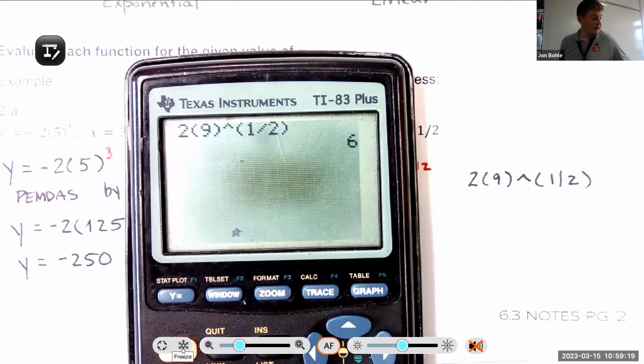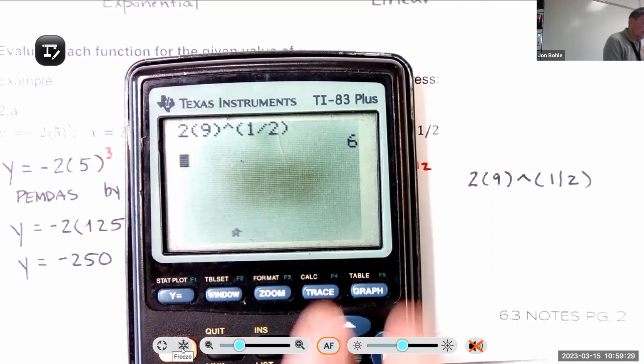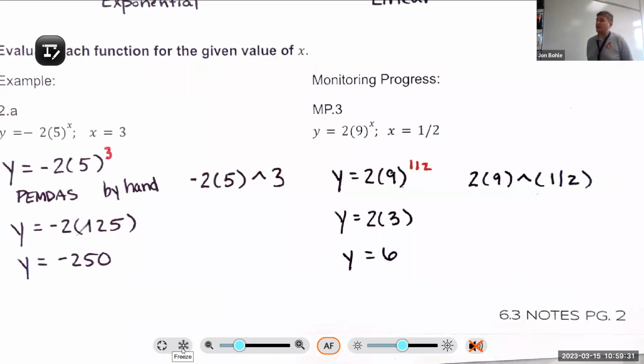Make sure the parentheses are around the 1/2. Yep. That's what you need to do, parentheses. All right, folks, we're going to do a heck of a lot of exactly that kind of on repeat.